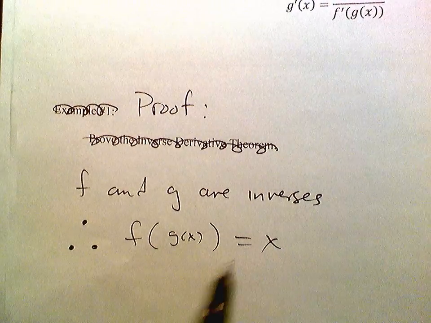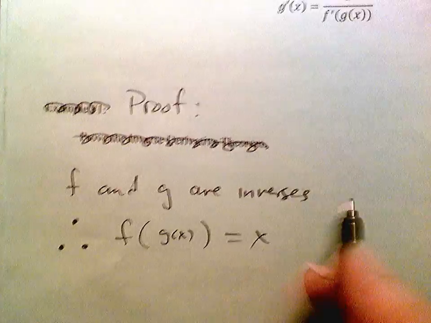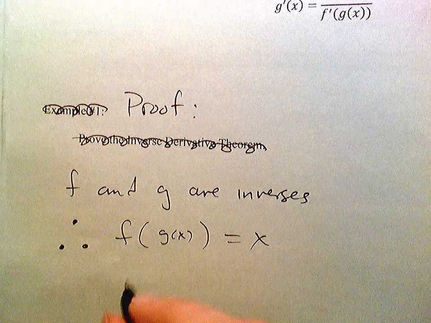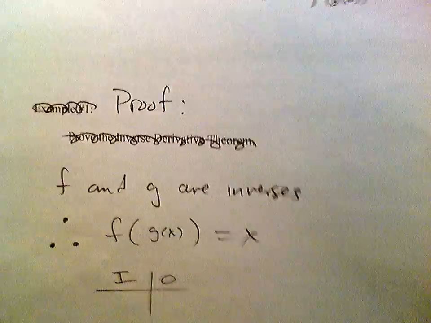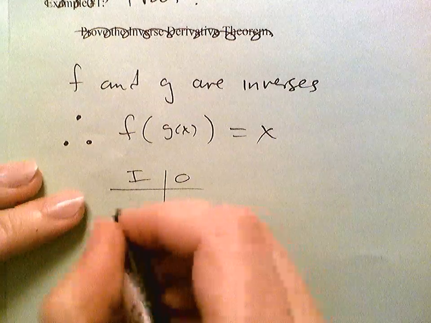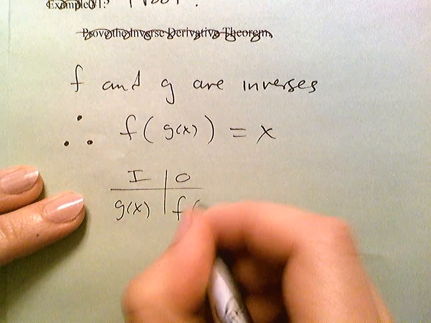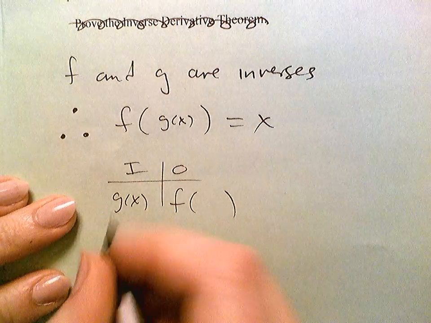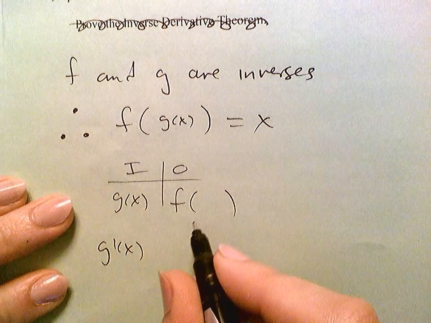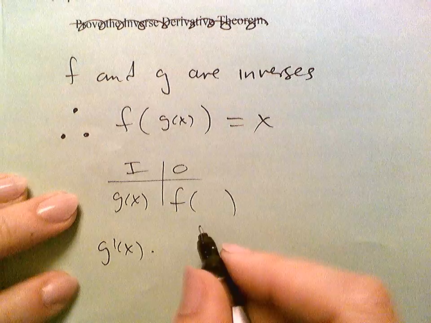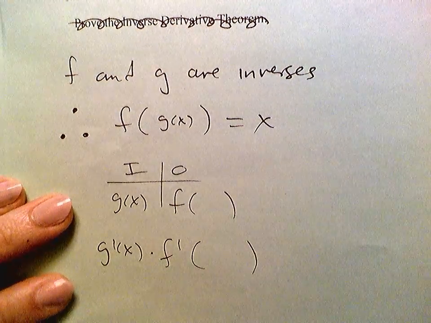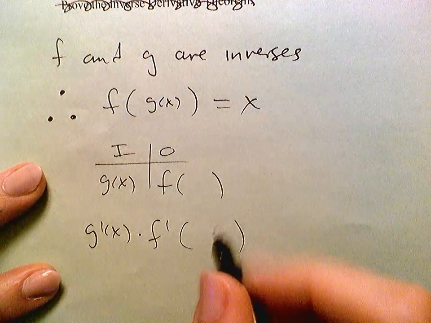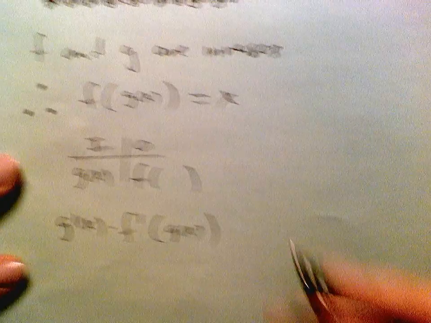Now if we take the derivative of this equation, this is a composition of functions, so we have to do chain rule. The inside function is g, the outside function is f of blank. The derivative of the inside function is g prime of x, times the derivative of the outside function, which is f prime of blank, but whatever was in there before goes back in, so g of x goes back in.